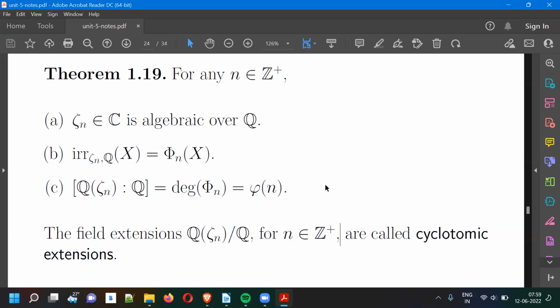Okay, so these were the special extensions that we just saw, the extensions that you get by adjoining roots of unity. Those are the cyclotomic extensions. And the minimal polynomials of these elements are the cyclotomic polynomials. Okay. So that's it about cyclotomic extensions.